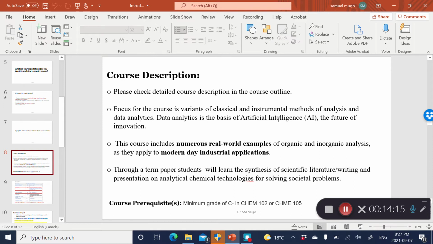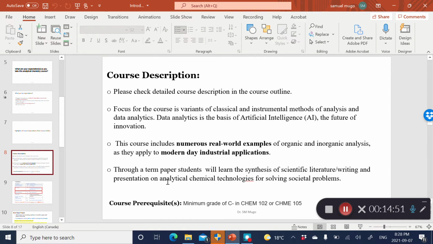Now, in this course also, very important, there will be a term paper. And the term paper, as you're going to see in the course outline, constitutes quite a significant component of this course. And the purpose of the term paper is hopefully for the students to learn how to synthesize scientific literature, and also how to write scientifically, and also, of course, present the data in class.